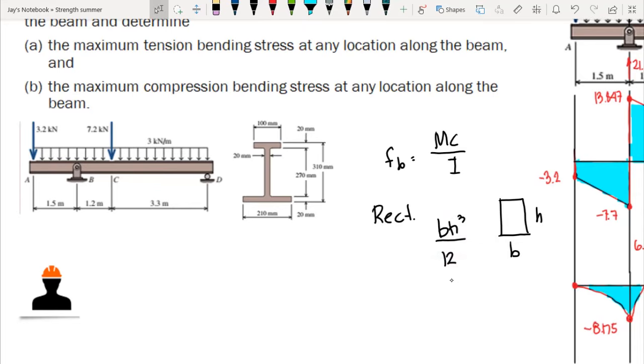Now in this case, as we can see, we have symmetry with respect to the y-axis, but it is non-symmetrical on its x-axis. Correct? So we need to compute the moment of inertia and use that in this formula. So our dilemma here is to compute this moment of inertia.